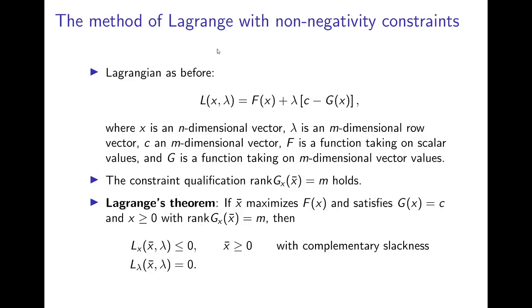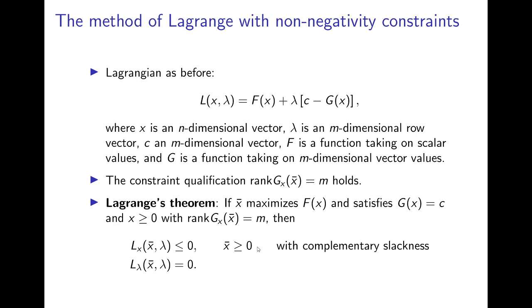Our solution algorithm, the different steps as before, would be again to set up the Lagrangian, as we've discussed it already before, with the set dimensions of the different vectors and matrices, and the constraint qualification holds. And then we apply Lagrange's theorem, so we derive the derivative of the Lagrangian with respect to the choice variables x. That has to be non-positive. Then we have x, which has to be non-negative, and these component pairs hold with complementary slackness.